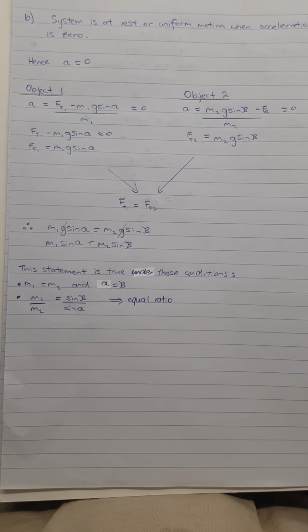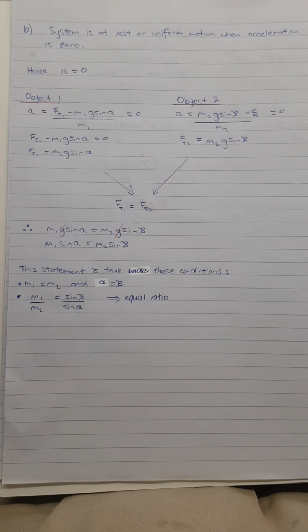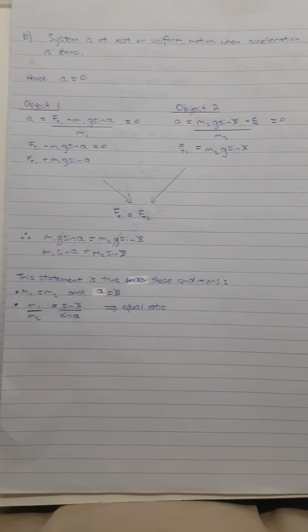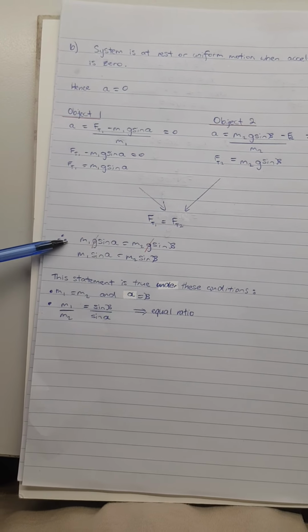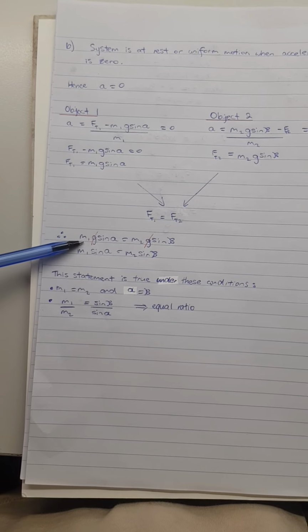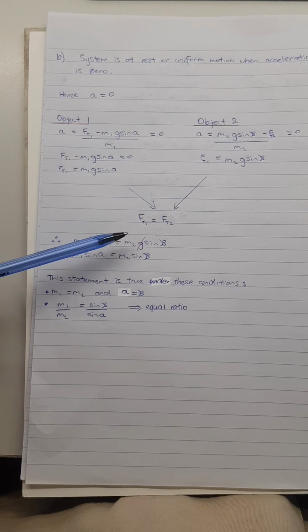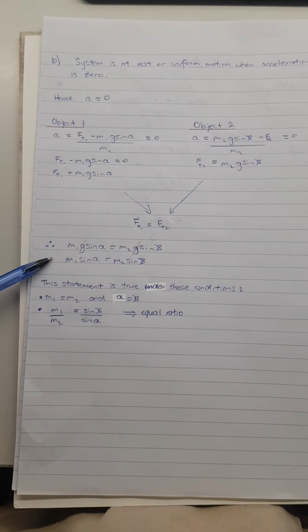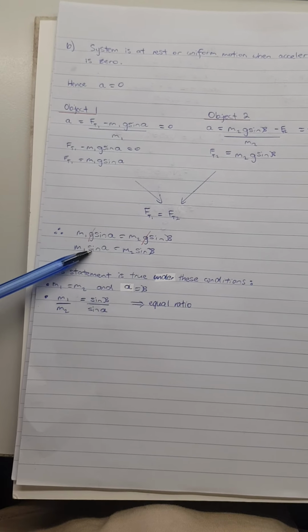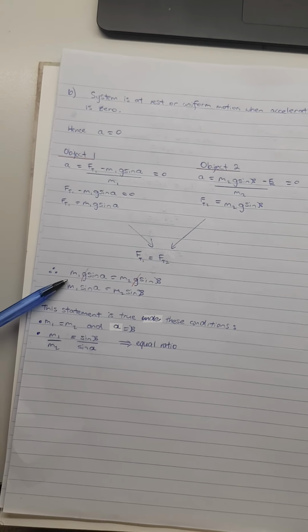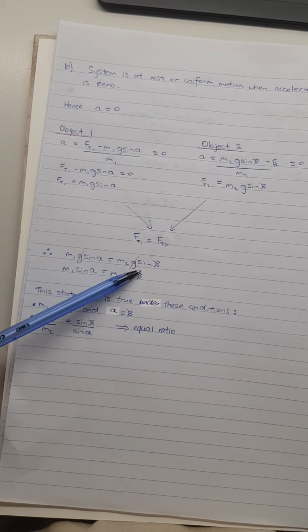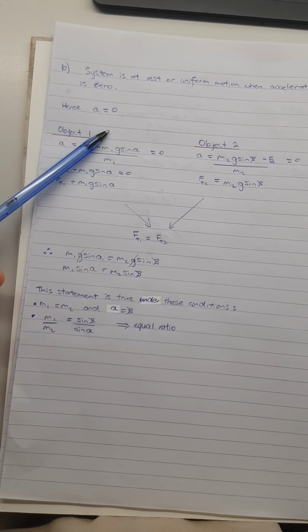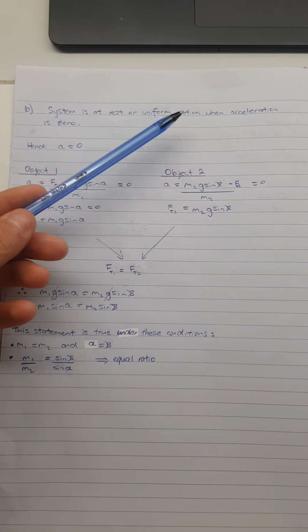Because we know that force tension 1 is equal to force tension 2, as I've stated here, we can let them equal each other. And because we have a constant gravity on both sides, we can cancel that out and we end up with m1 sine alpha is equal to m2 sine beta. So when this equation is true, we know that the acceleration is 0 and hence it is either at rest or in uniform motion.